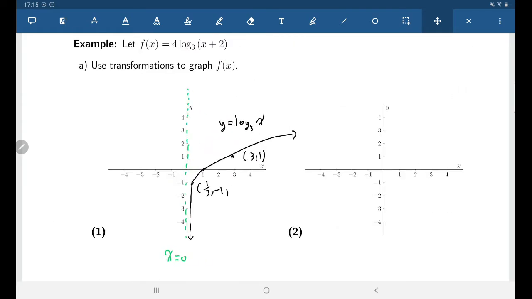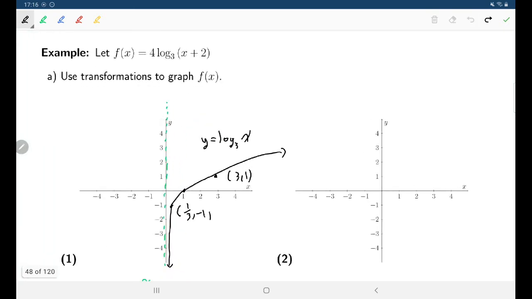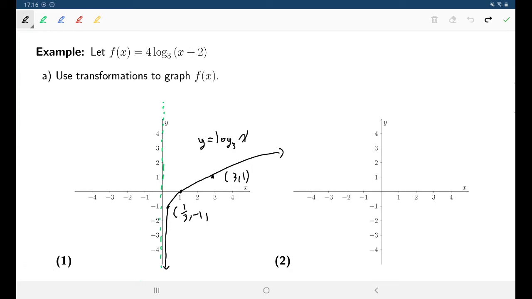So that's my basic shape. And now I've got 2 transformations to do. First, I have a shift to the left by 2 units. And then I will vertically stretch by a factor of 4. So shifting left by 2 units, that's subtracting 2 from every x value.